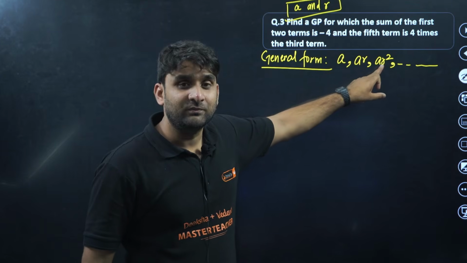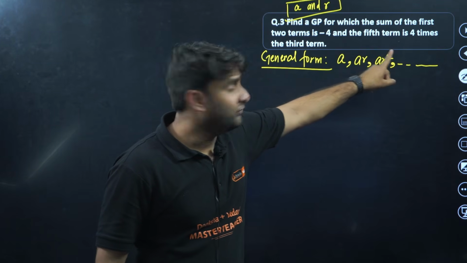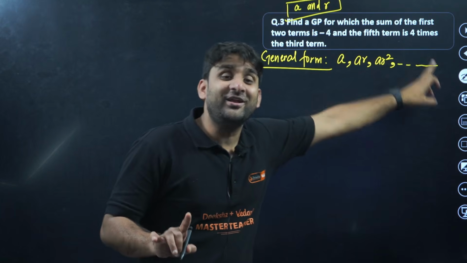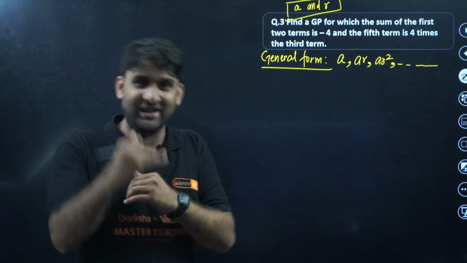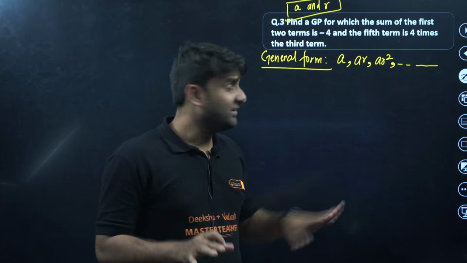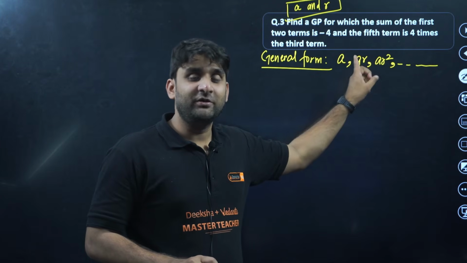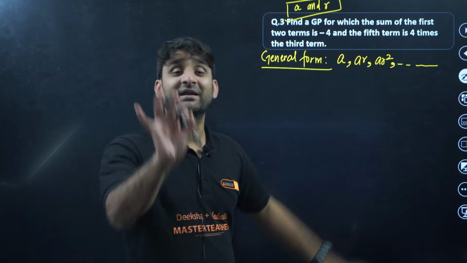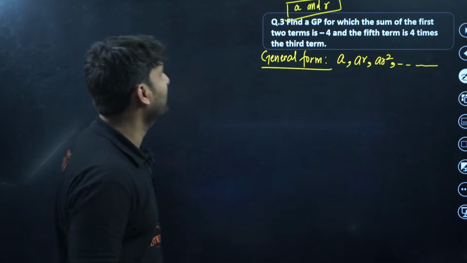For the third term, the exponent is 2. For the fourth term, the power will be 3. For the nth term, the power will be n minus 1, one less than the position of the term. Right, clear everyone? So to find a GP, we require A, the first term, and R, the common ratio. Okay, now solve.